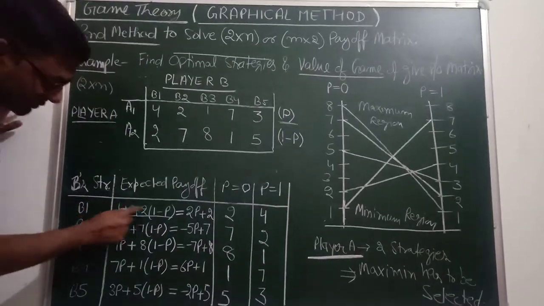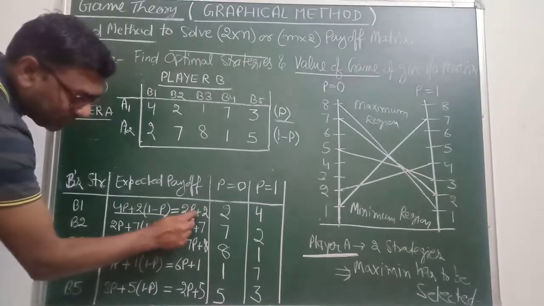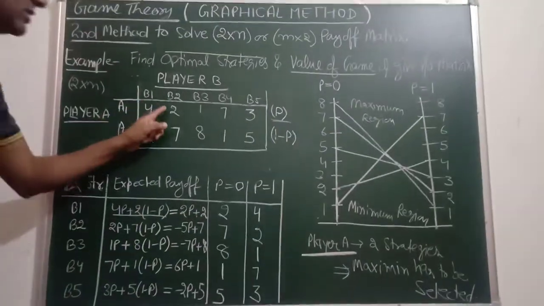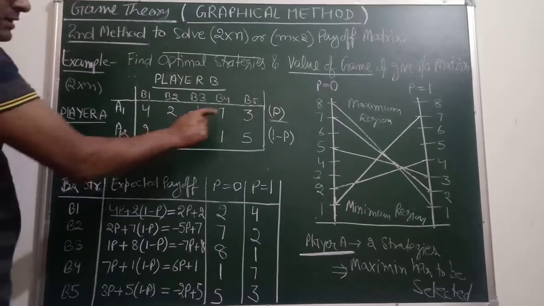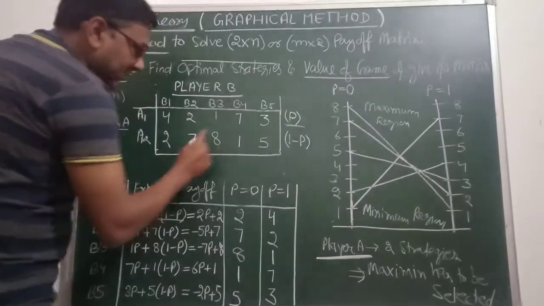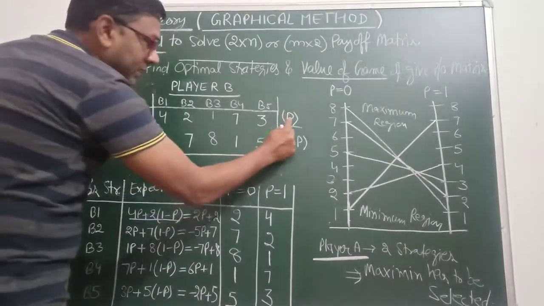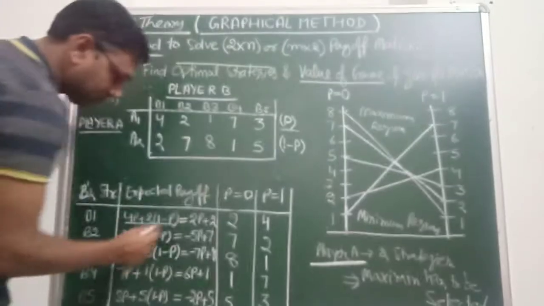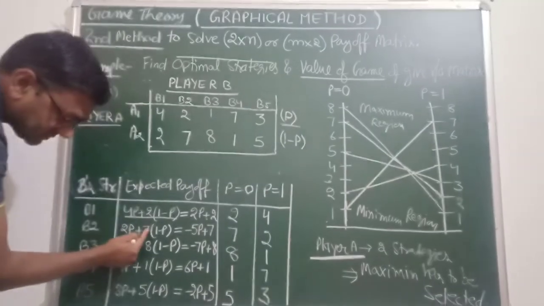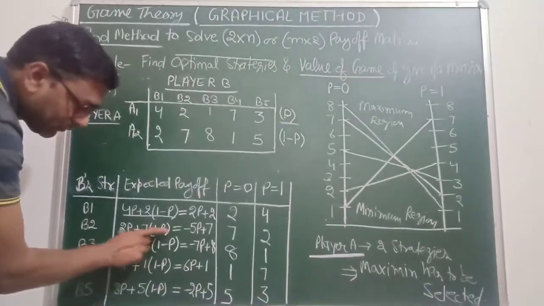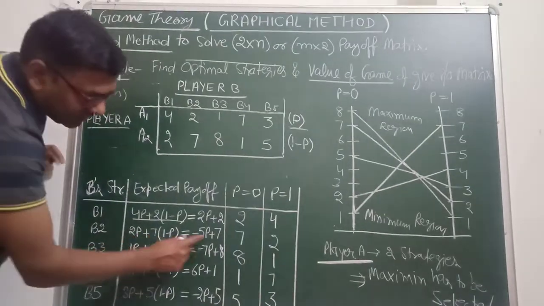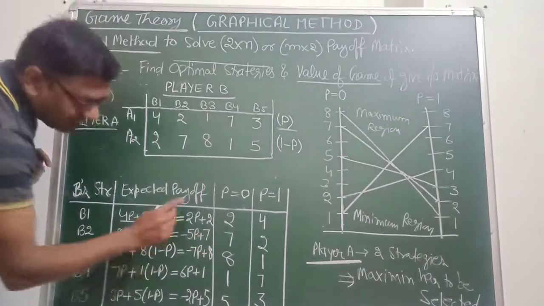If you solve this, you will find 2P plus 2. Similarly for strategy B2, the expected payoff is 2 into P plus 7 into 1 minus P, and if you solve this, the answer will be minus 5P plus 7.